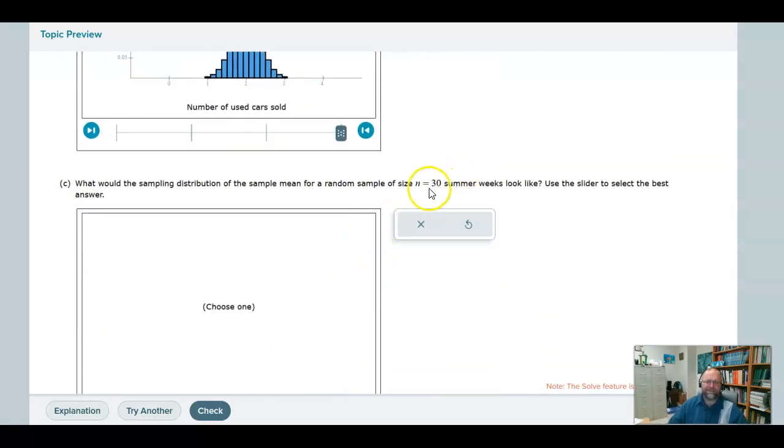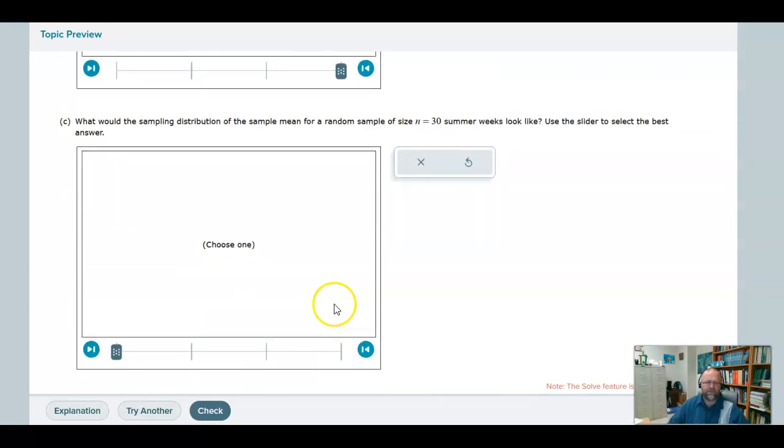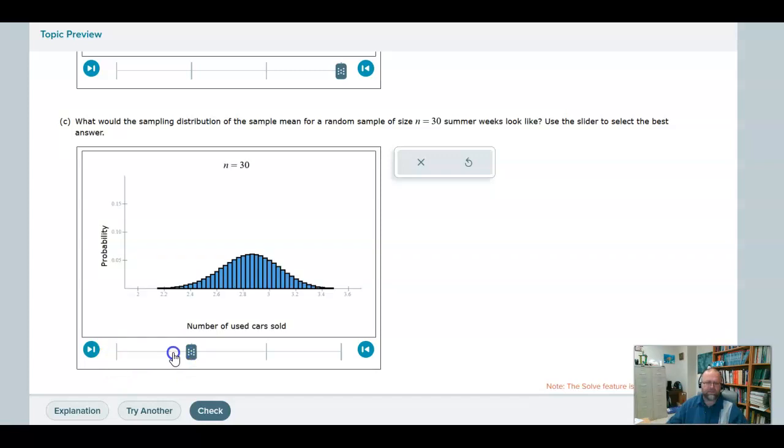And finally, size 30. So let's take a look at this one. Again, same mean, but the only thing is it's going to be squished together even more. So let's take a look at the three possibilities. This one has a mean that's greater than 2.8, so that's definitely not the right one.